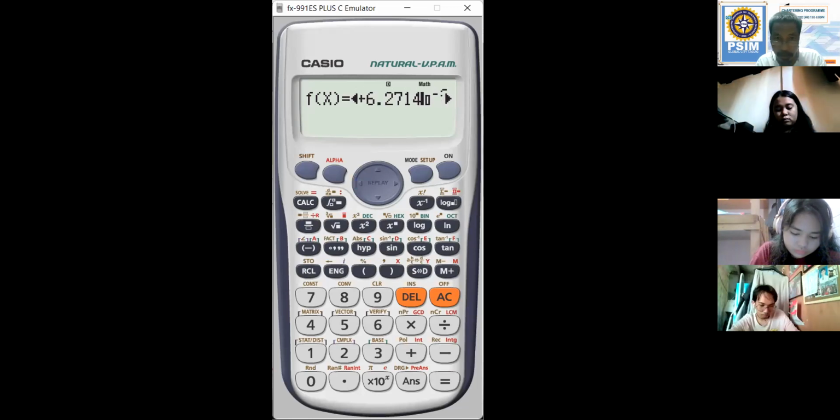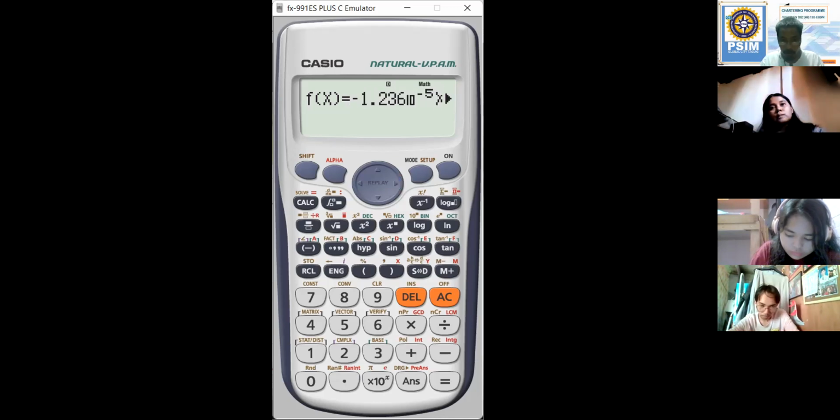As you can see, we entered the scientific notation into this function. We use Mode 7 in order to have f(x) equal to something. So there are three terms that we already inputted in this calculator.